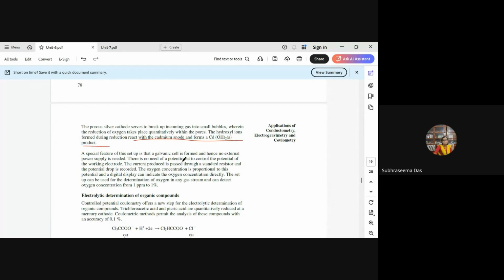The current produced is passed through a standard resistor and the potential drop is recorded. The oxygen concentration is proportional to this potential and the digital display can indicate the oxygen concentration directly. The setup can be used for the determination of oxygen in any gas stream and it can detect oxygen concentration from 1 ppm, that is 1 part per million, to 1%.